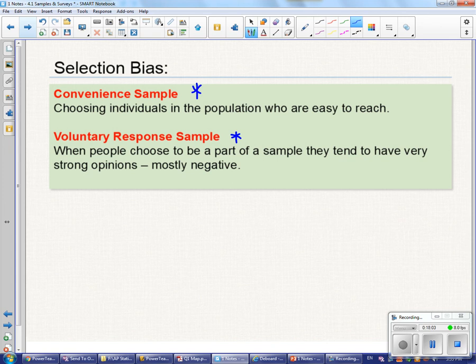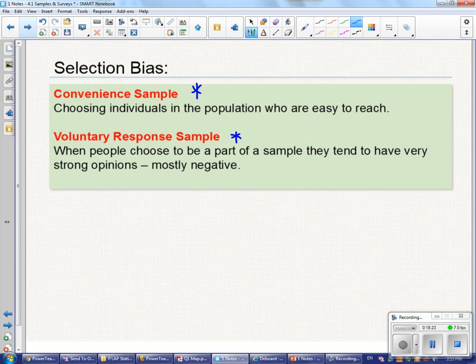Give us a call and tell us. American Idol, that's voluntary response. People are choosing whether or not to be part of the sample, and that is obviously going to be selection bias, and it's going to yield a sample that does not necessarily represent the population.